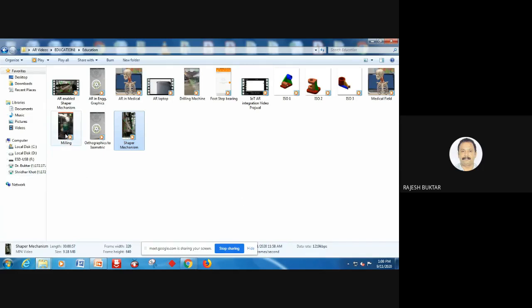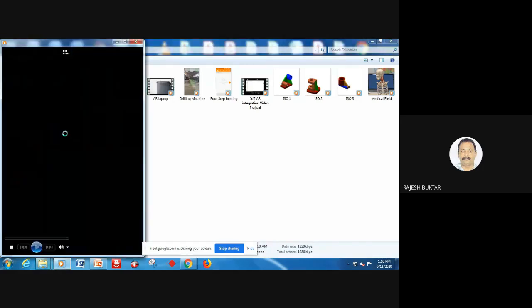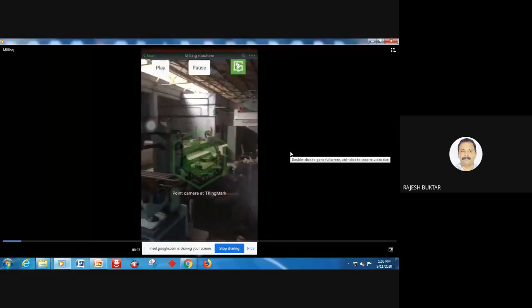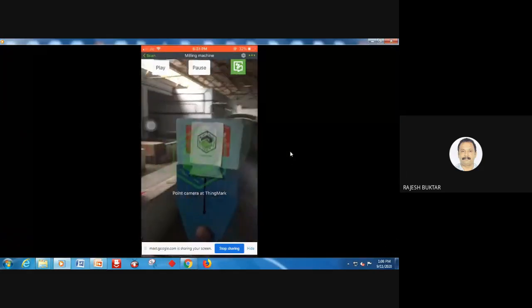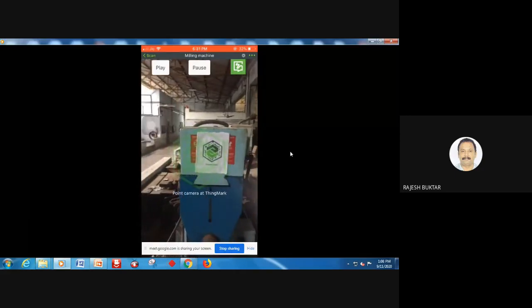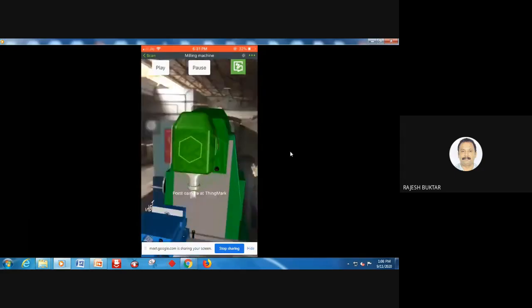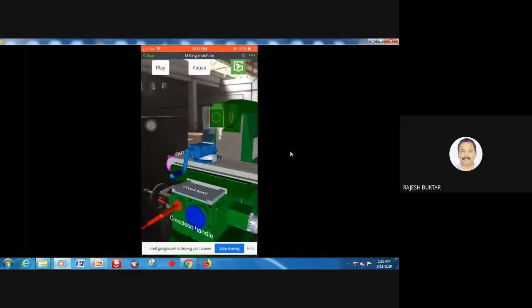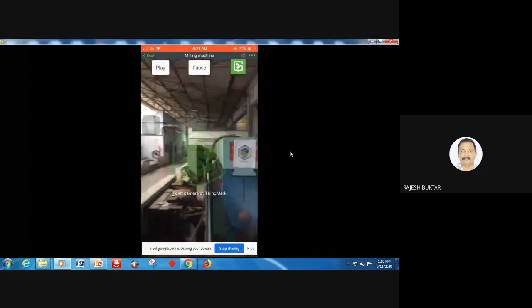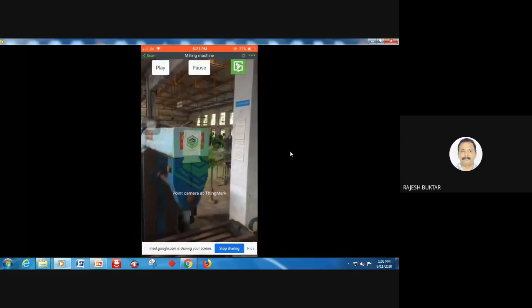Then this is a milling machine. So there also we created AR sequences for the milling machine, so that the students can understand the working of the milling machine using augmented reality technology.